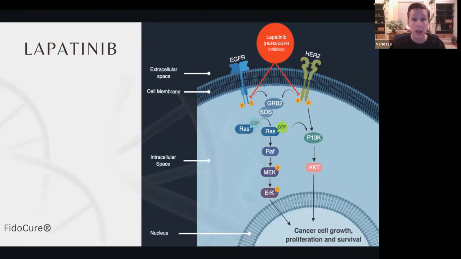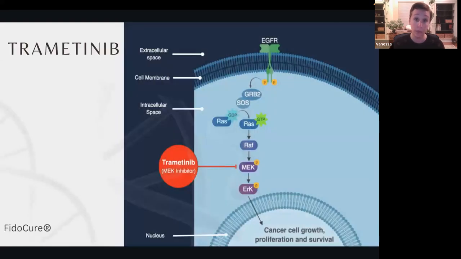They're just a family of enzymes that catalyze cellular growth, proliferation, and survival. Trametinib also blocks the EGFR pathway, but downstream. So lapatinib blocks it up here, trametinib blocks it down here. MEK is mitogen activated protein kinase.